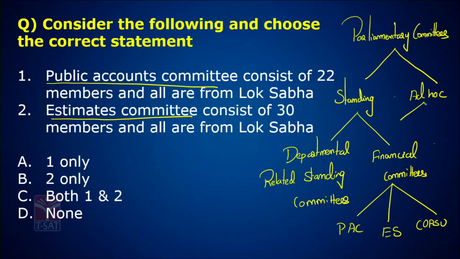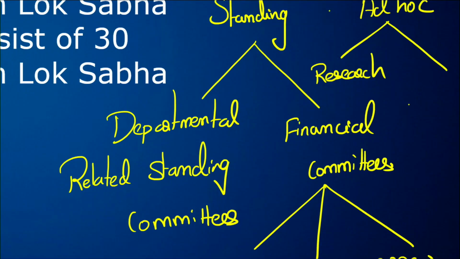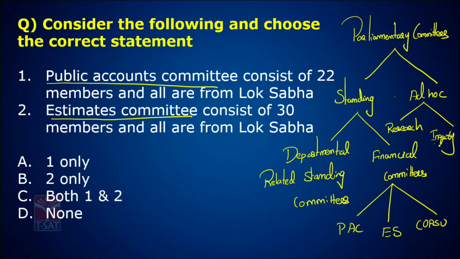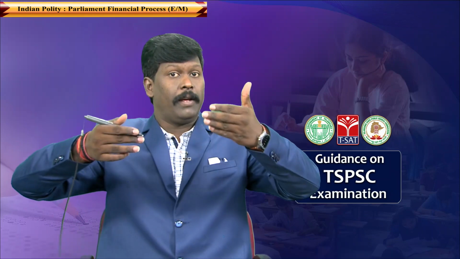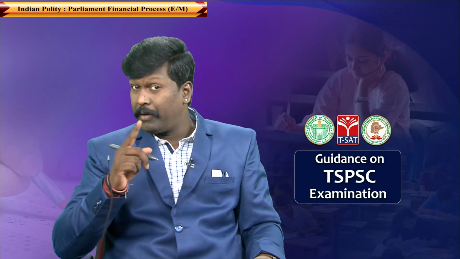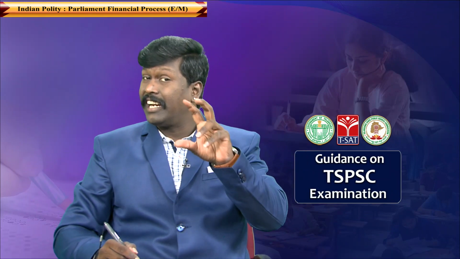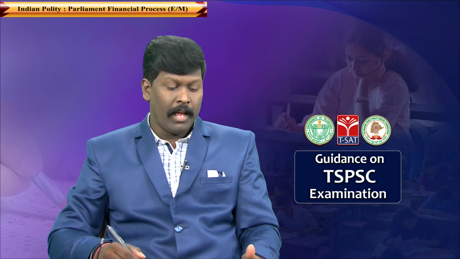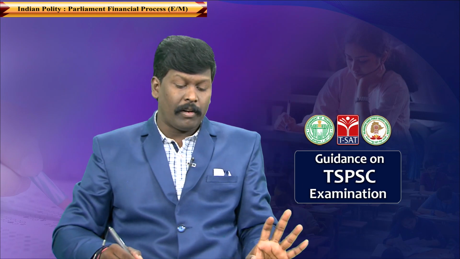Ad hoc committees are also of two types. The first one is called research, and the second one is called inquiry based committee. So parliamentary committees are the research think tanks of the Parliament.